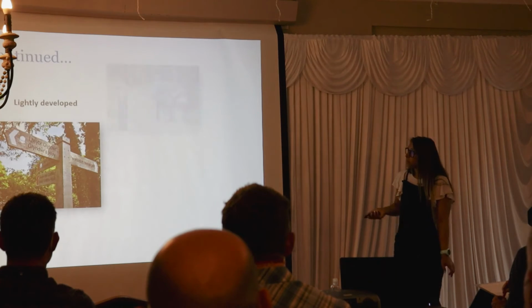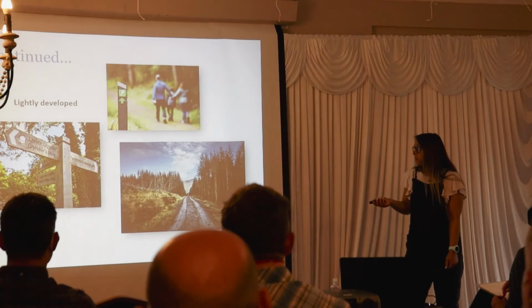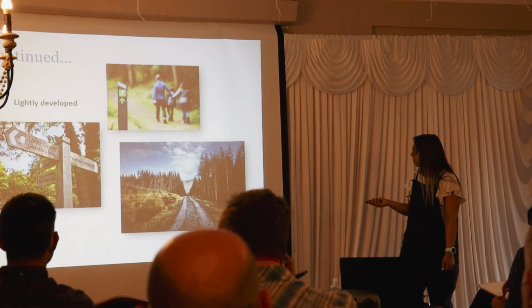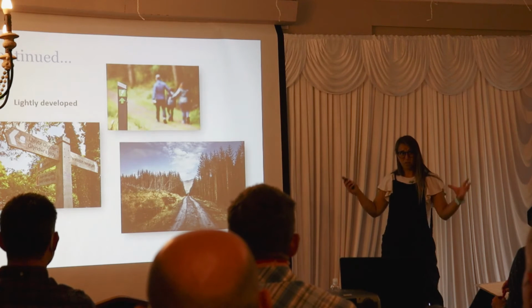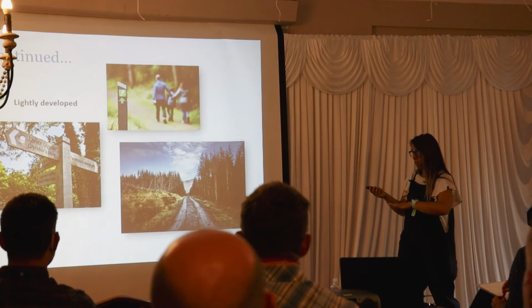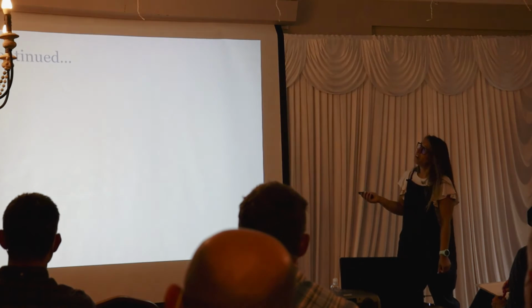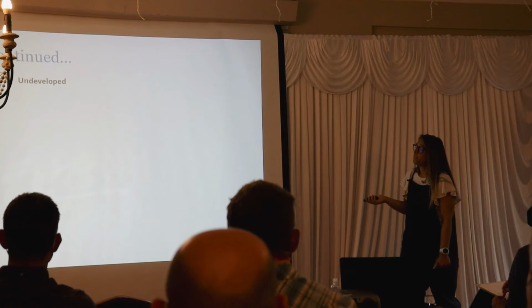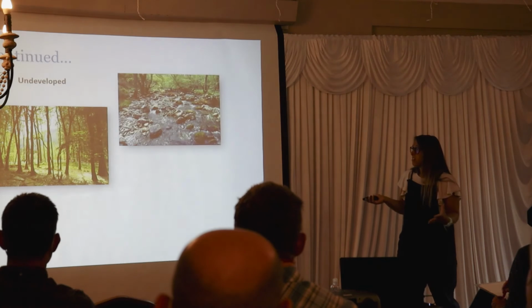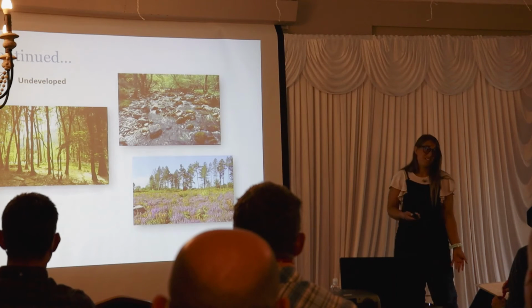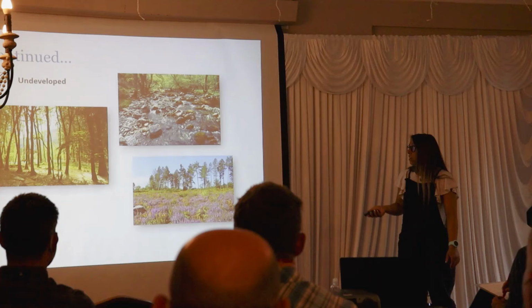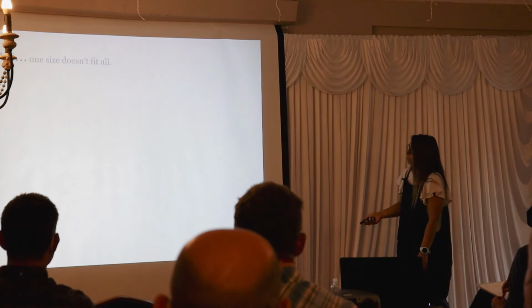Lightly developed, national trails, waymark trails, forest roads. You can start to see the picture building up of how this is all coming together as one layer on a GIS. And then finally the undeveloped, so the rest of the estate. So the woodlands, the rivers, the heathlands, the open moorland, mountain, whatever we've got really.